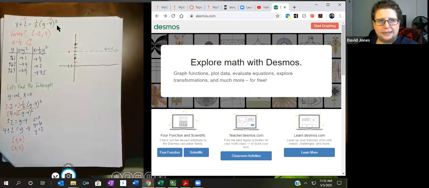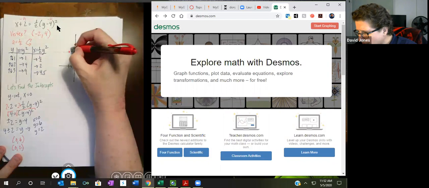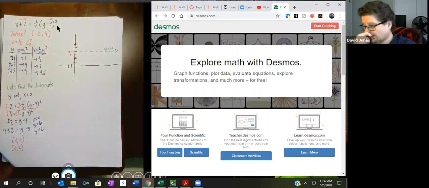That's got some symmetry. Let's find our x-intercept.